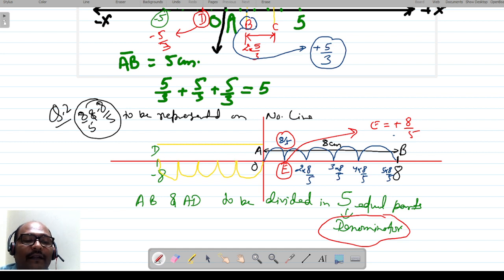And this point, the first hop where we are falling on the negative side, let's say F, and this is equal to minus 8 by 5, right? So you need to mark it, F equal to minus 8 by 5. Yeah, it's done.